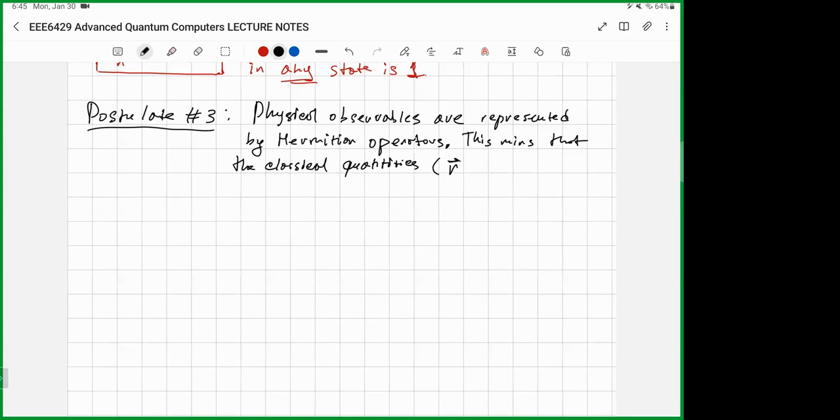Position, coordinate, radius vector, momentum, p, also a vector. What else, like, for example, energy, and others, electric field strength, angular momentum, etc., etc.